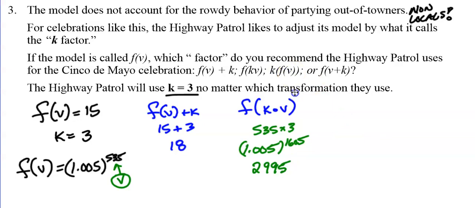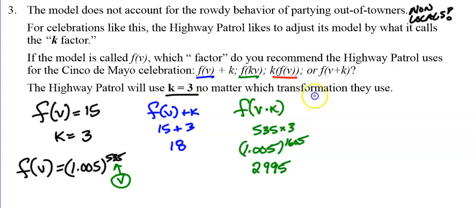Now if you take K times f of v, that's a little bit different. This one here we did in blue, this one in green, and we'll do this one in red.